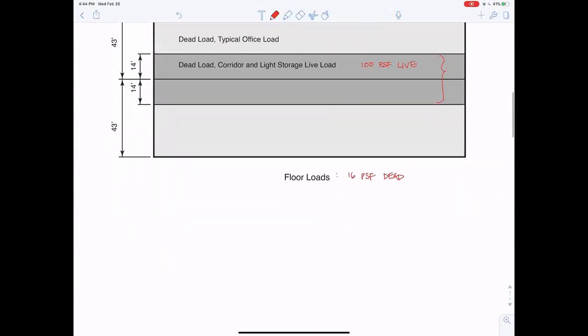So let's summarize that. Corridor slab: 100 PSF live, 16 PSF dead, and self-weight dead, which we don't know yet.